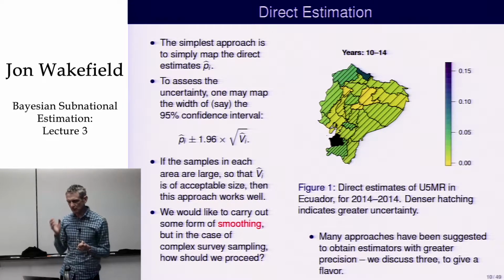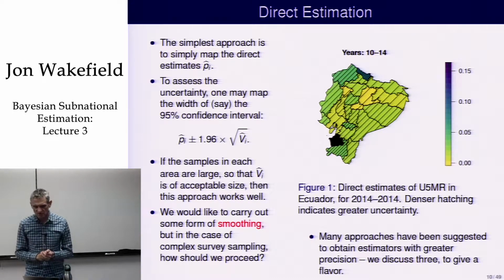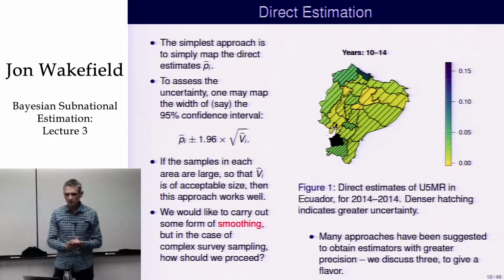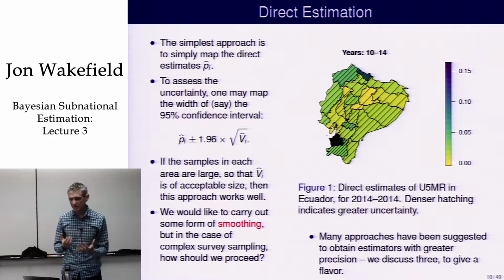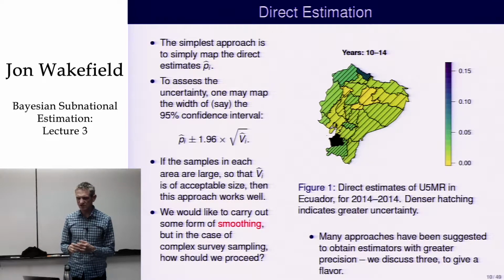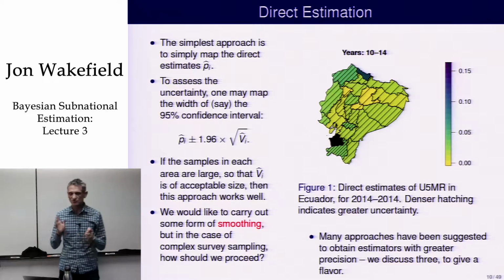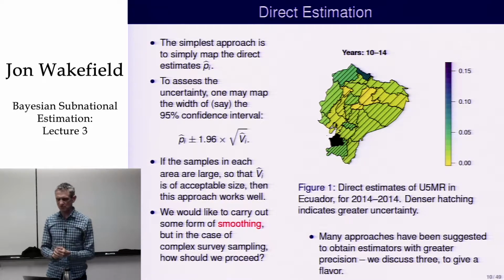But if we try to drill down to lower levels, or if we're trying to do it in finer timescales, then often we won't have enough samples to get variances of an acceptable size. So we need to do some form of smoothing to supplement these estimates in order to get estimates with a reasonable width for credible intervals.